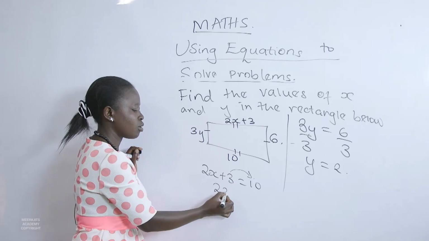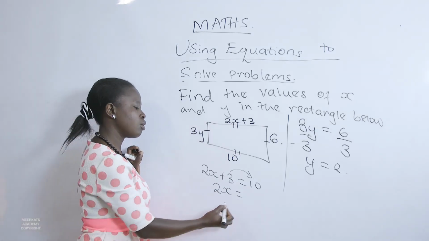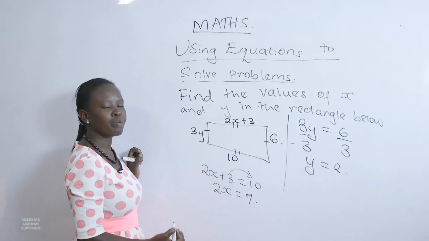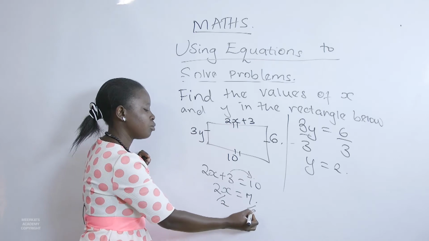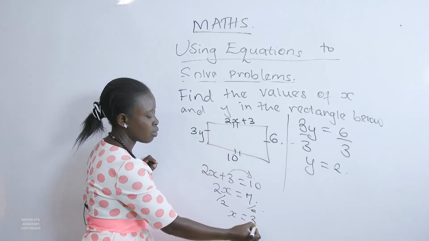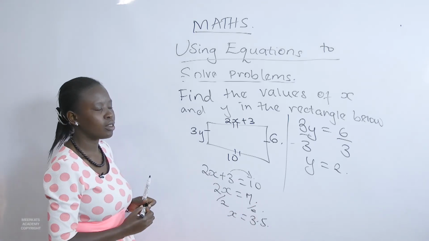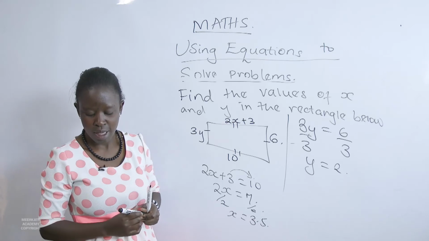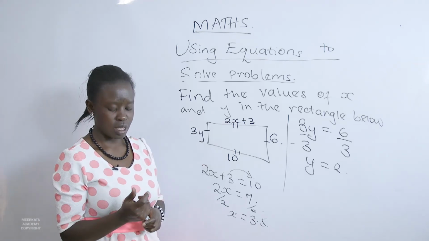So 2x will be equal to 10 minus 3, which is 7. Then to get the value of x, divide by 2, so x will be 3.5. So we've solved the values of x and y in the given problem that we had.